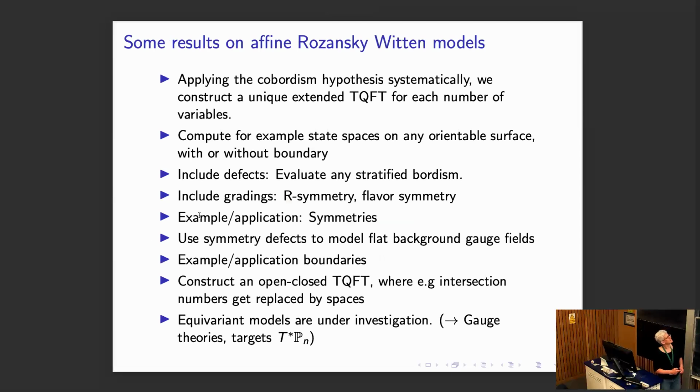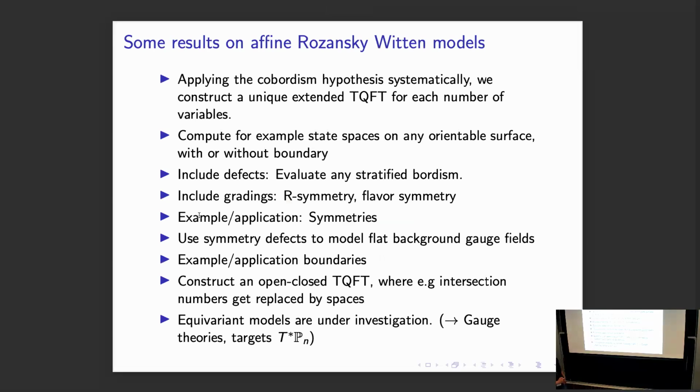Okay, so this brings me to my last slide. What did I try to explain in this talk? I discussed a certain two-category formulated from Rozansky-Witten models. I think I didn't give credit to Kapustin and Rozansky, who first formulated part of the structure of this category.